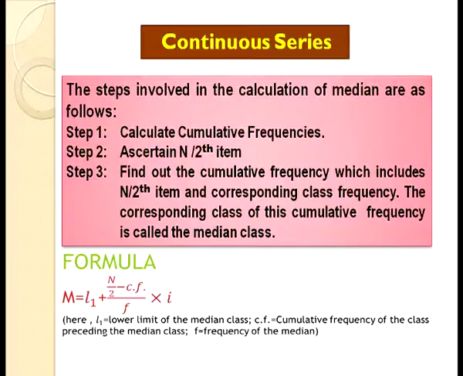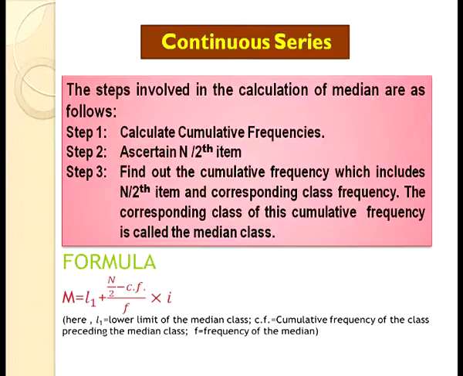So again I am repeating the steps. First, arrange the data and calculate cumulative frequencies. Step 2, ascertain the n by 2th item. Step 3, locate this n by 2th item in cumulative frequency, and the corresponding class will be the median class.